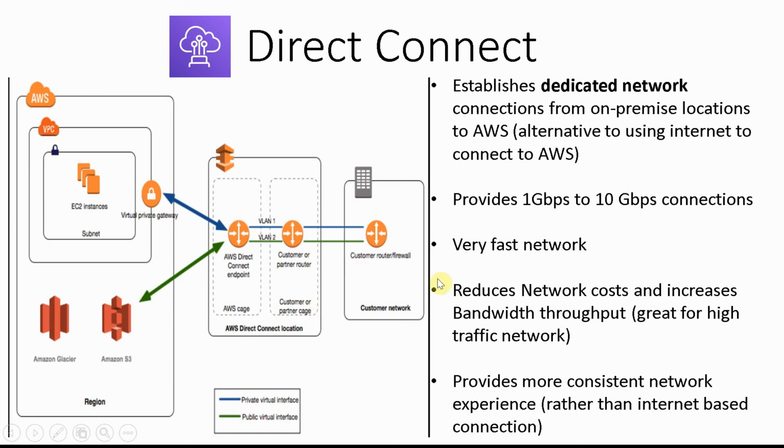But from an exam point of view, this is a dedicated network, and the connection options that you get are 1 Gbps and 10 Gbps. These are the two options available in Direct Connect.